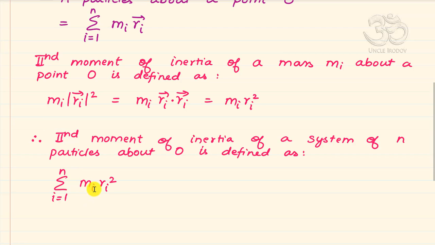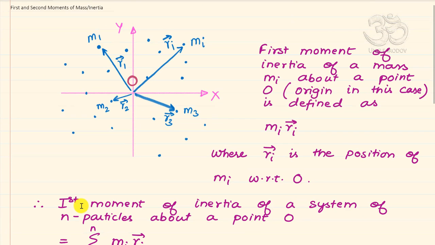So you find out m1 r1 square, you find out m2 r2 square, find out m3 r3 square, and you add up all those terms for all the n particles that you have, and you end up having the second moment of inertia of those system of n particles about this point O. So this is about discrete particle systems.